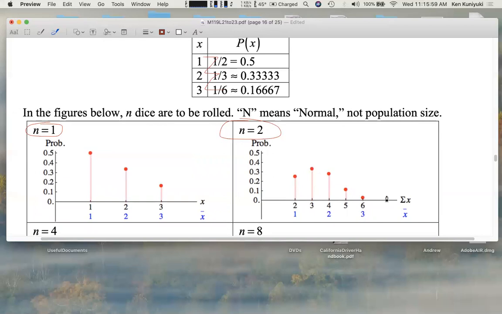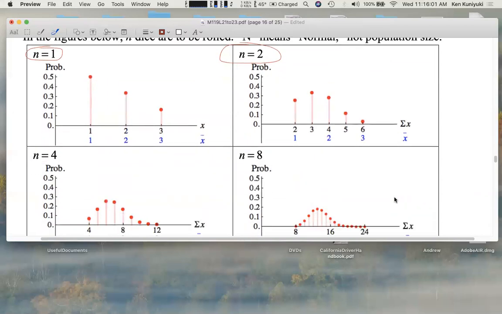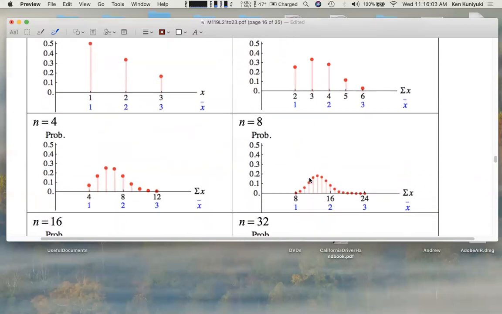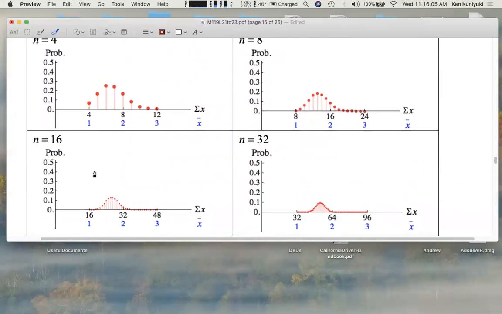We get this spike plot. N equals 4, n equals 8, n equals 16, n equals 32. Now, by the time we get past 30, look at this. The distribution of sample means is very normal, and there's a tight clustering about 1.67, the Big Daddy mean.